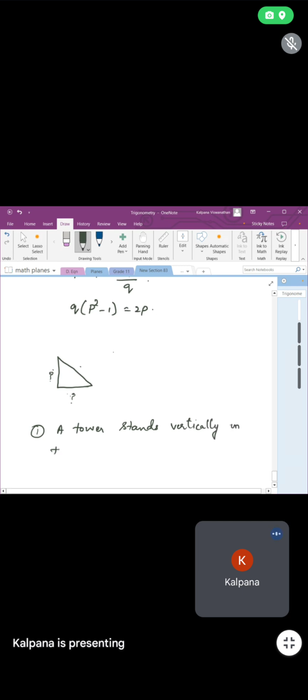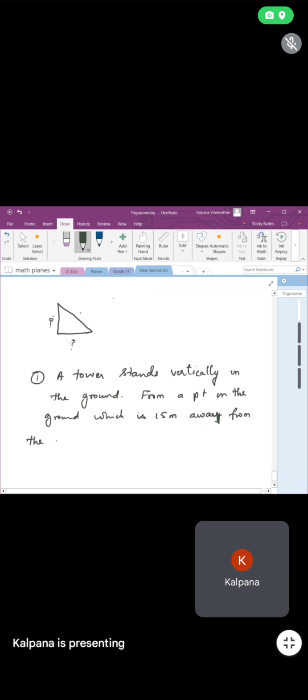From a point on the ground, which is 15 meters away from the foot of the tower, the angle of elevation of the top is 60 degrees. Find the height of the tower.